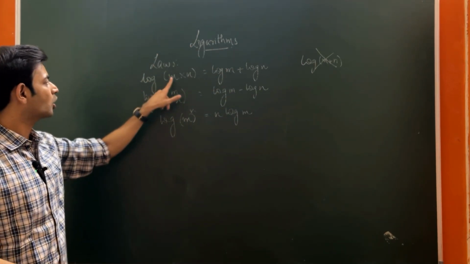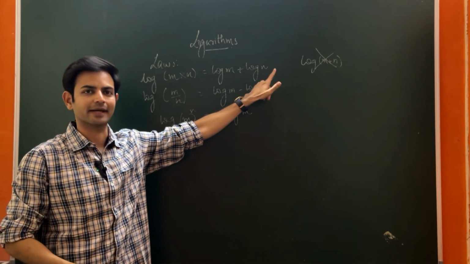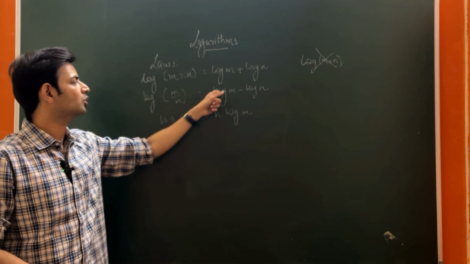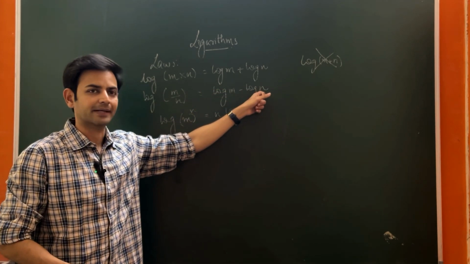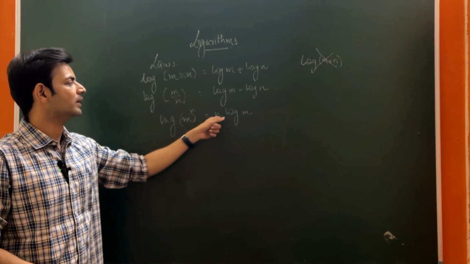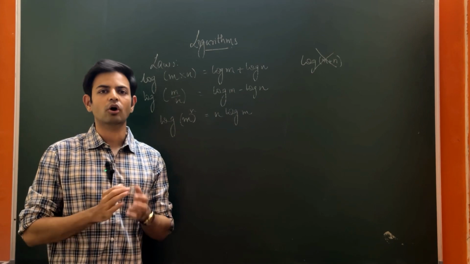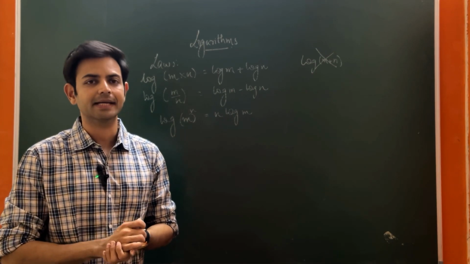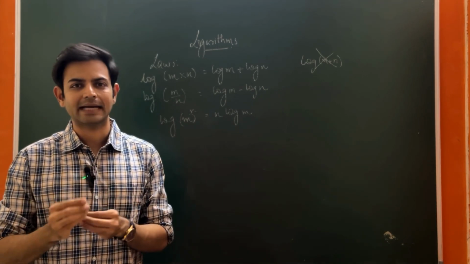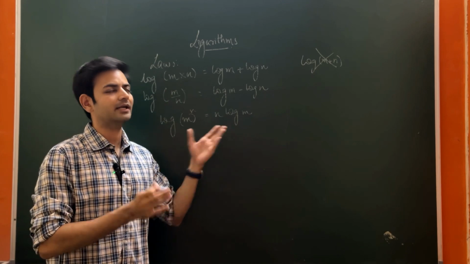Always remember, log of m into n is equal to log m plus log n. Similarly, log of m divided by n is equal to log m minus log n. And log of m to the power n is equal to n log m. Now these laws are very important to solve most of the questions of logarithms, and the laws are very similar to what we did in exponents or indices. So you have to brush up your concepts of exponents to understand logarithms better.